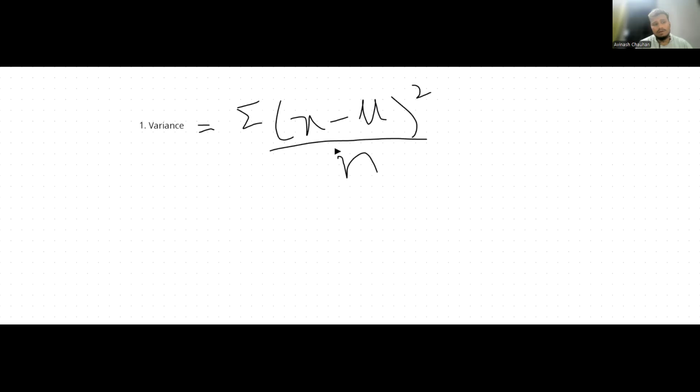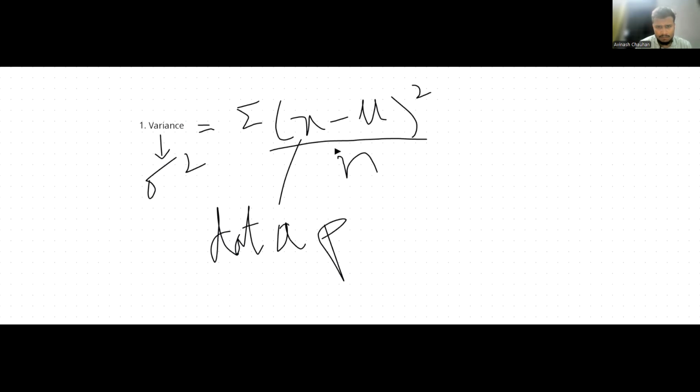So basically this is the formula for variance, and variance is often denoted by sigma square. Here x is the data points.